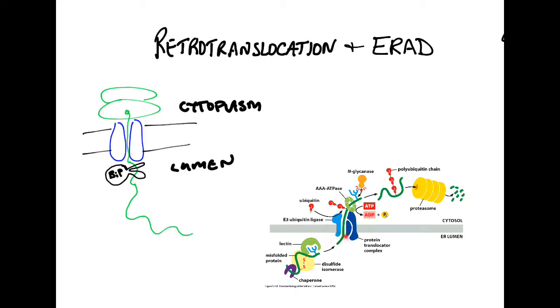So this complex actually is probably comprised of several different types of protein. It's not as simple a phenomenon as with the translocon, the Sec61 translocon. And the evidence for the things that are referred to in this diagram as the protein translocator complex is fairly weak.